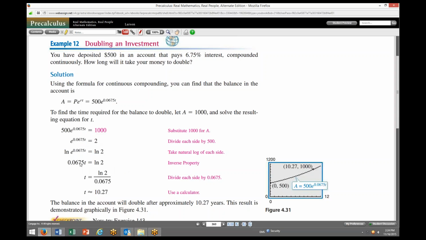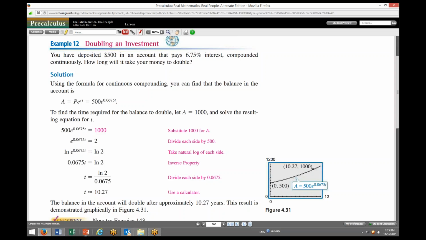They have 0.0675 t equals natural log of 2. Same thing, just opposite sides of the equation. It's fine. And now all we care about is how much t is. So t is being multiplied by 0.0675, so we divide both sides by 0.0675. And quite properly, we say that t equals the natural log of 2 divided by 0.0675.